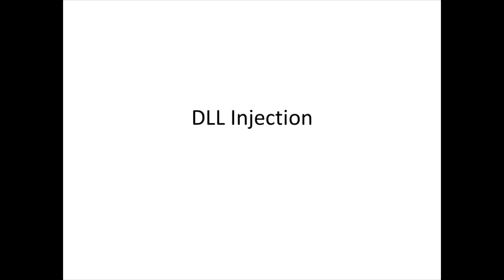All right, so let's talk a little bit about some malware techniques and ways in which you can detect them with memory forensics. And we're going to start with DLL injection, which is a super common mechanism for malware to infect the system. I just wanted to quickly explain what DLL injection is.